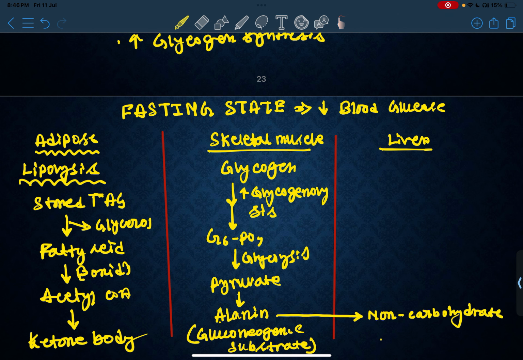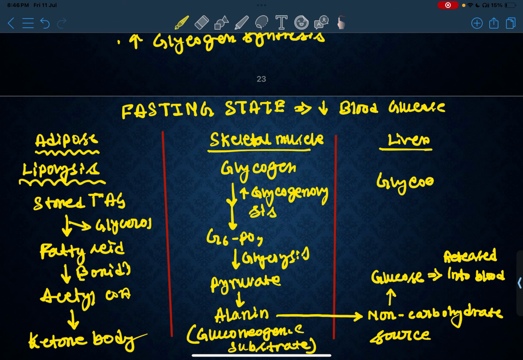Okay, this alanine is going to the liver as a non-carbohydrate source. This will give glucose, and this glucose is going to be released into the blood. Another source of glucose in the liver is stored glycogen, which will directly convert to glucose, and this glucose is released into the blood.